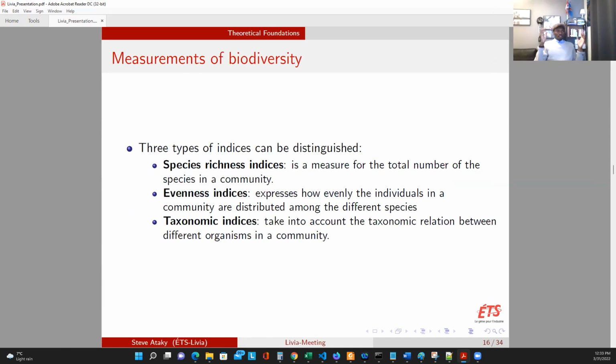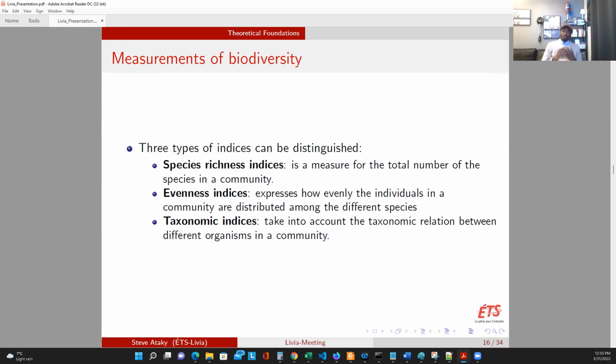So now we have here three types of indices that we can find in biodiversity. We have indices that we call species richness indices, which measure the total number of species in a site.